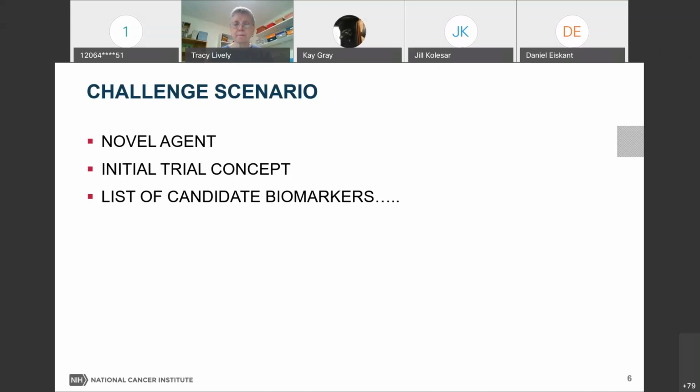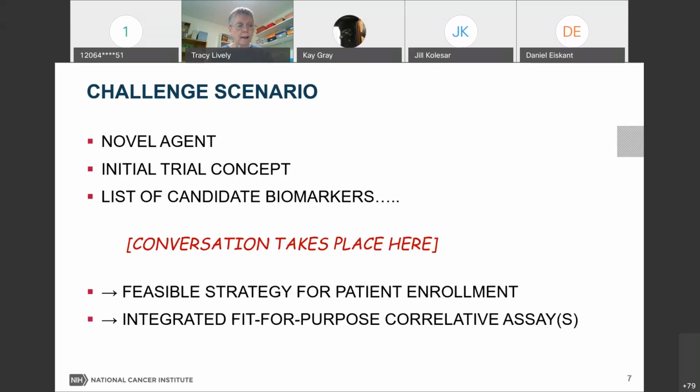So to begin, during trial development, there is a stage of brainstorming. In early phase trials, there are so many interesting and unanswered scientific questions that could be addressed as correlatives. And those go up on a whiteboard, and they serve as the beginning of the conversation with the lab. But that conversation has to refine that list.